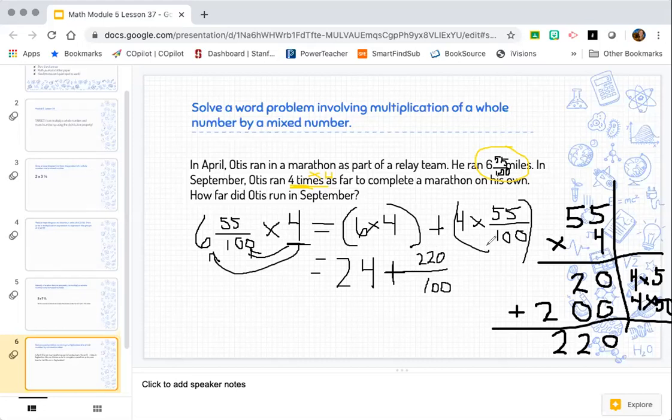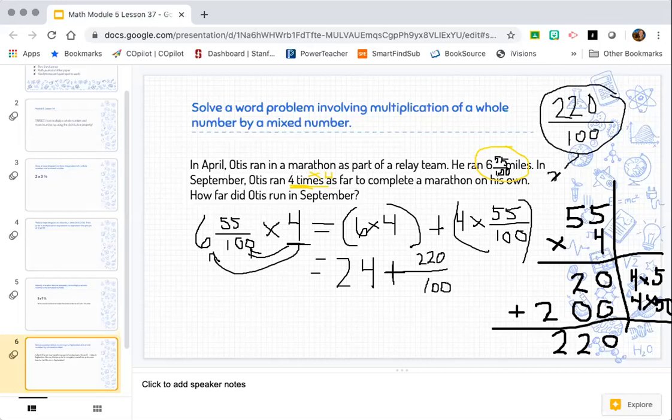But that's not my final answer, is it? No. It's not my final answer because 220 is larger than 100. So I actually need to turn 220 hundredths into a mixed number. How many hundredths can we pull out of that? Should be a pretty easy answer.